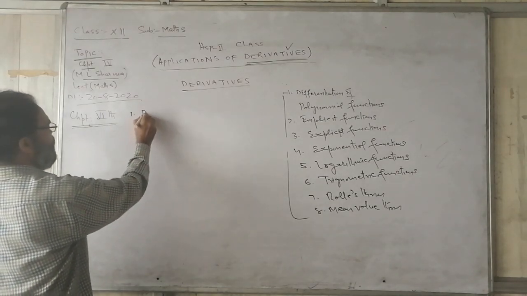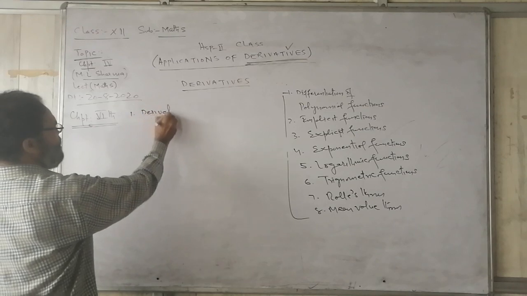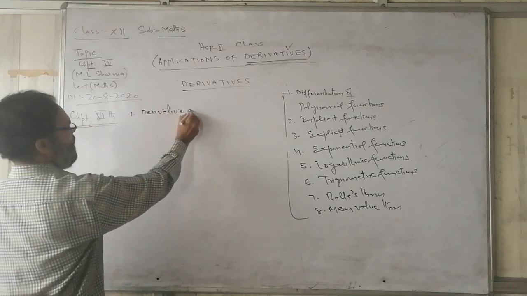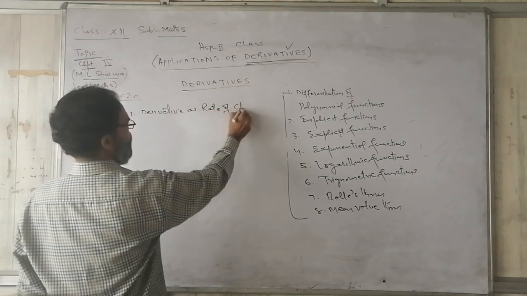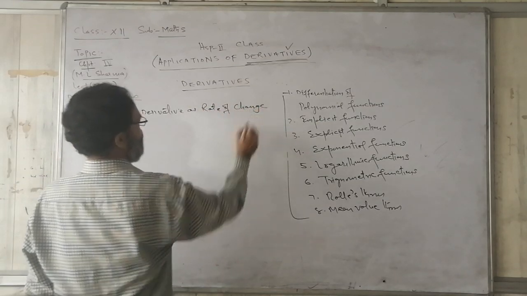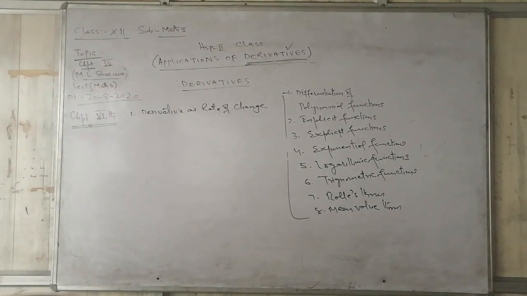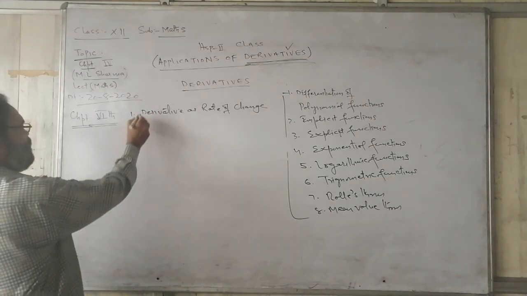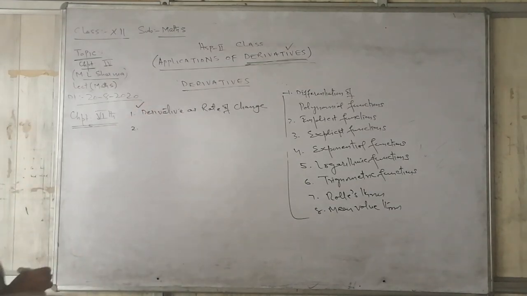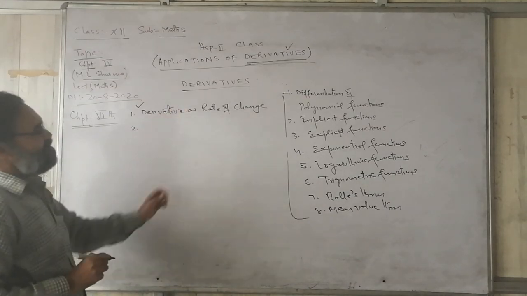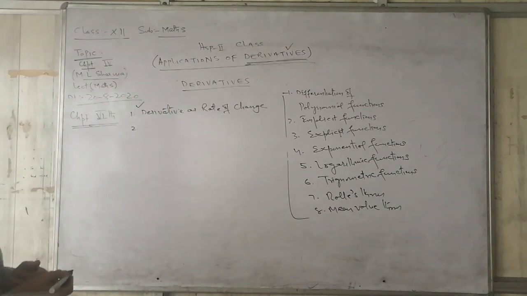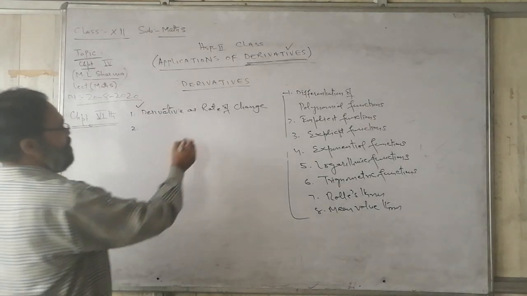Number 1, derivative as a rate of change. So this is the one application or one utility where derivatives are used. Number 2, there is one complete exercise in this chapter in which derivative as a rate of change will be studied.